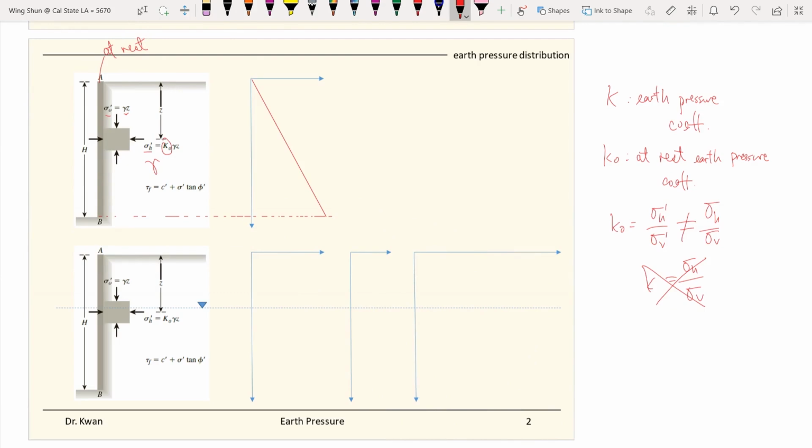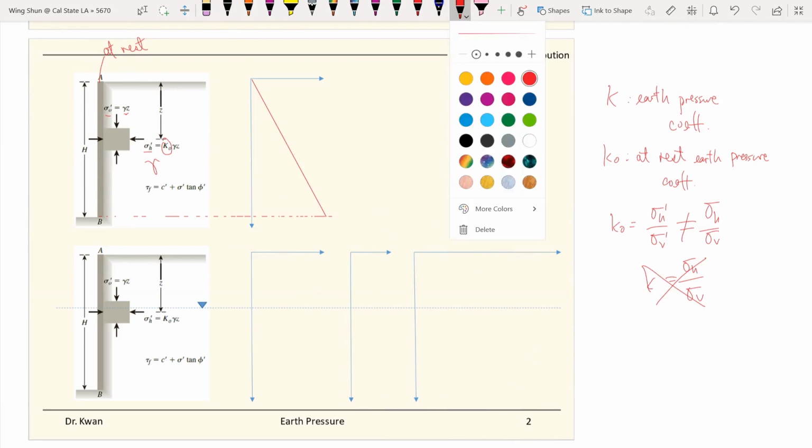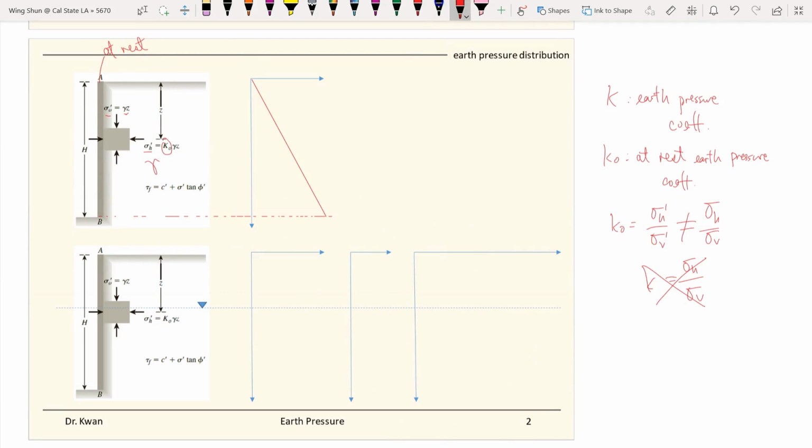And this part will be equal to K naught times the unit weight. So this is the horizontal stress.